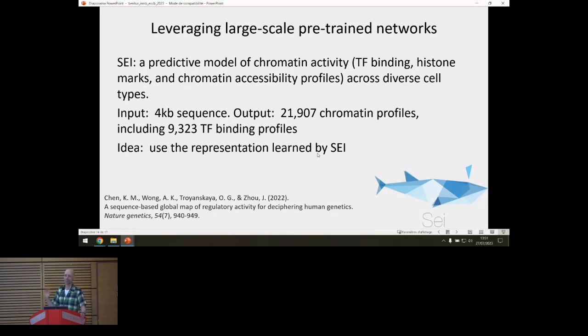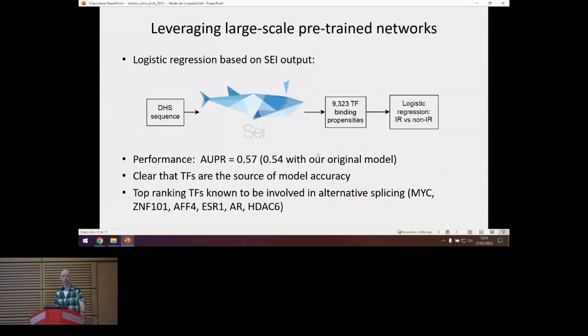There aren't 9,000 transcription factors as far as I know in human. So the idea is to use the representation learned by this model in order to get more accurate predictions of IR versus non-IR. And so that's what we did.